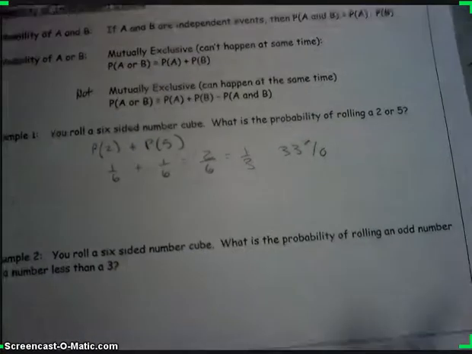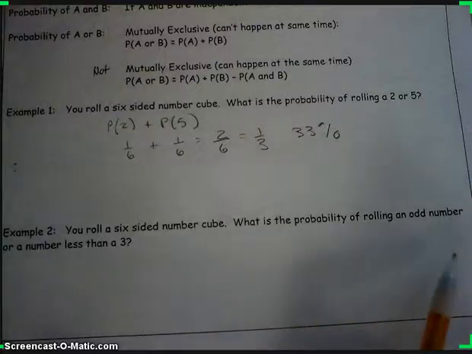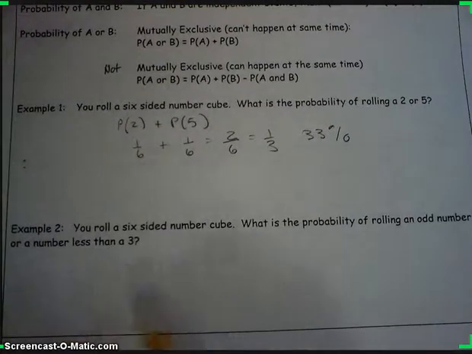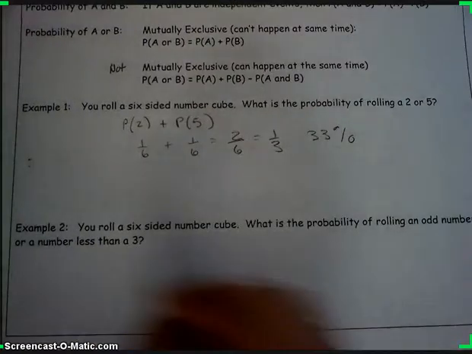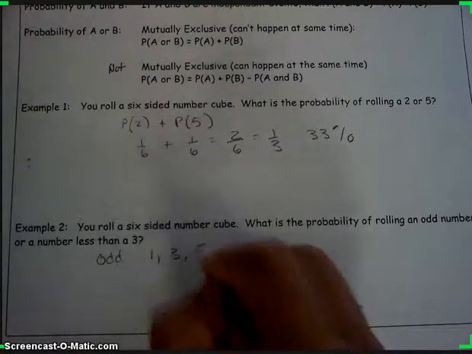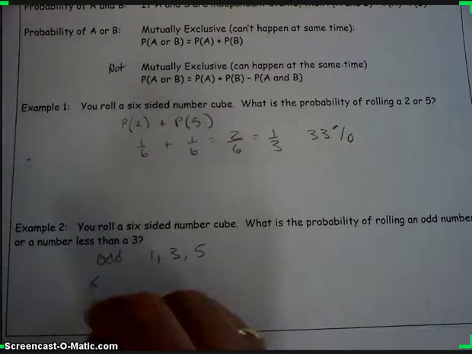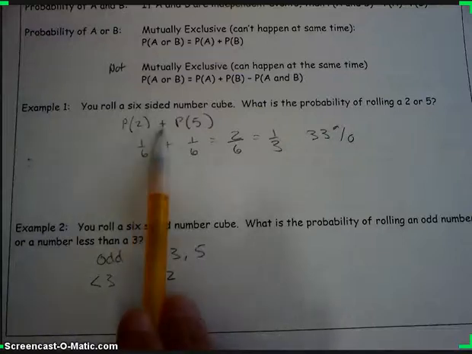Alright, example 2 says you roll a 6-sided number cube. What is the probability of rolling an odd number or a number less than 3? Alright, so if I think about this, my odd numbers are 1, 3, and 5. And then my numbers less than 3 are 1 and 2. So this is one of those ones where it is not mutually exclusive.